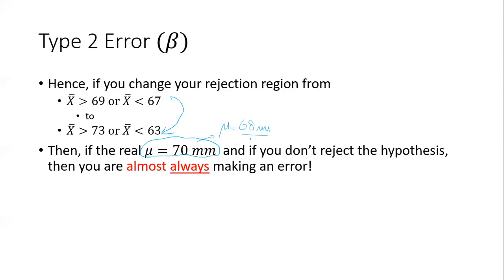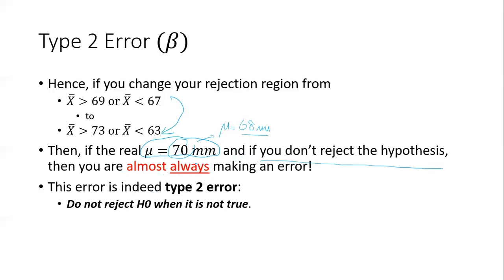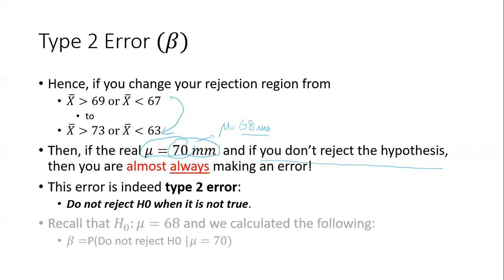So if this is the case, then you are fine. But they are producing with something different than that. So if the real mean is equal to this one, if the factory is producing with this mean, and if you don't reject the hypothesis, then you are almost always making an error. And this error is in fact type 2 error. Do not reject H0 when it is not true, when some other mean is true.